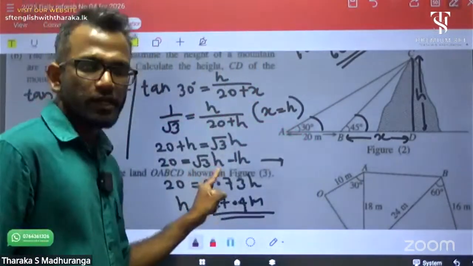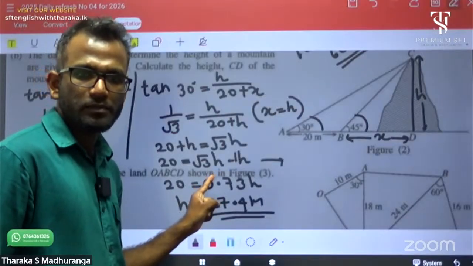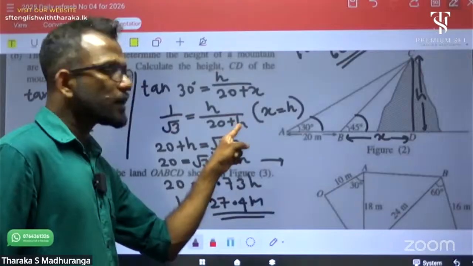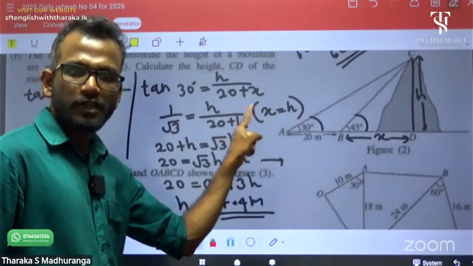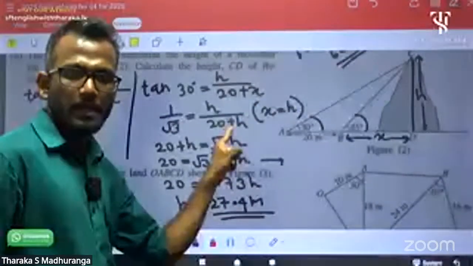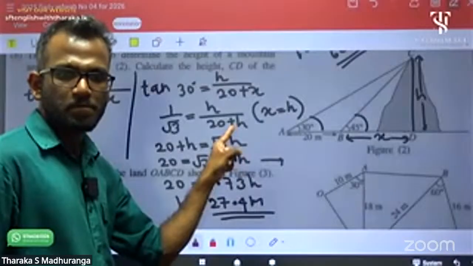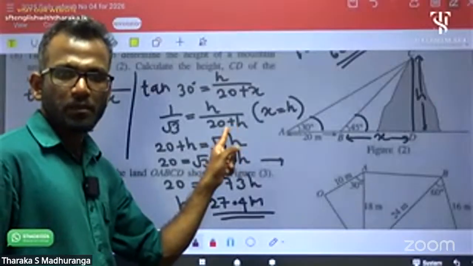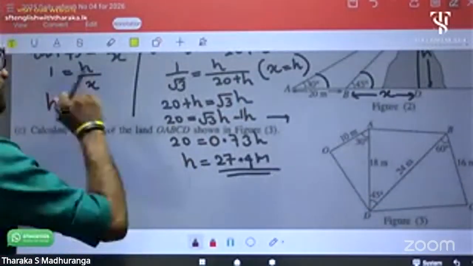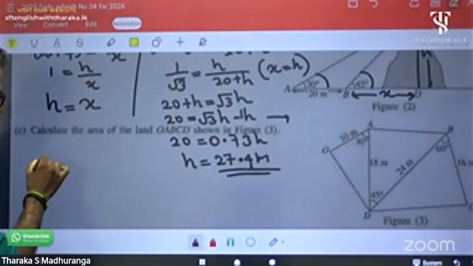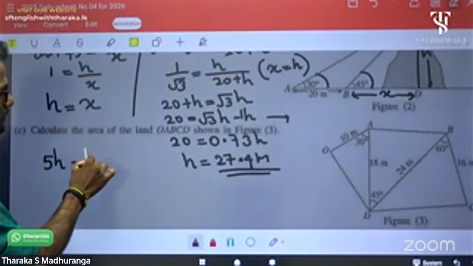At this point, right? This one, okay, I changed the x and h because x is equal to h. Then think of this type of calculation. I have 5h minus h.